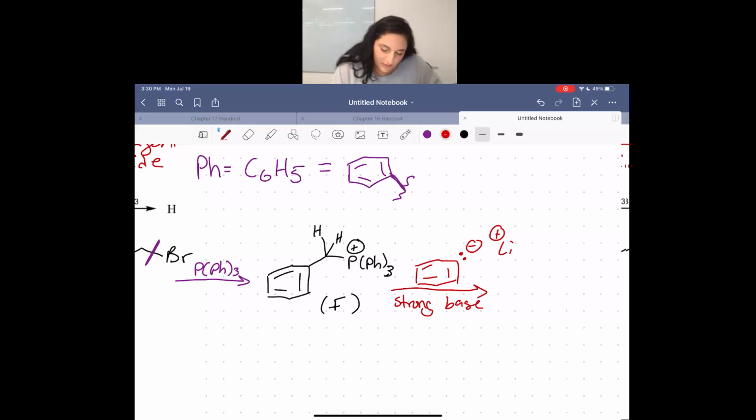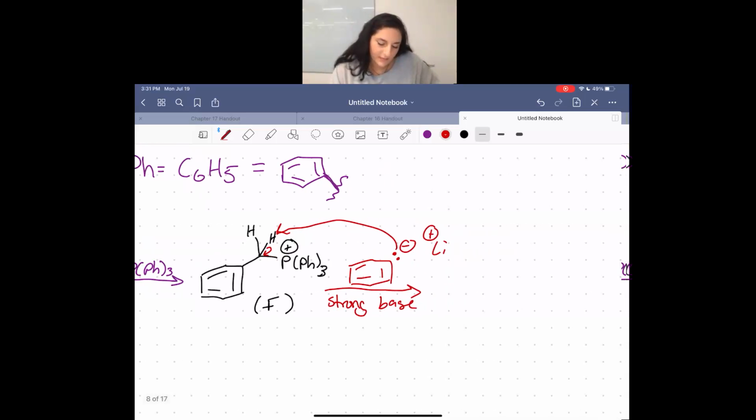And it's going to come over here, steal a proton, and give those electrons to the carbon. So we get the benzene, which never changes. Well, not never, but in this example, it doesn't change. So now we get one hydrogen left.